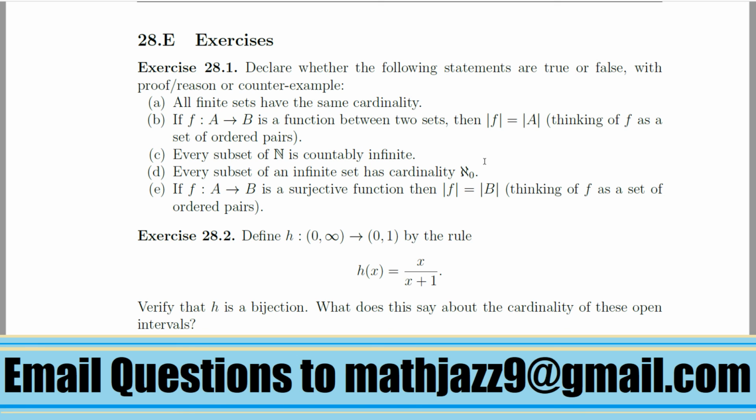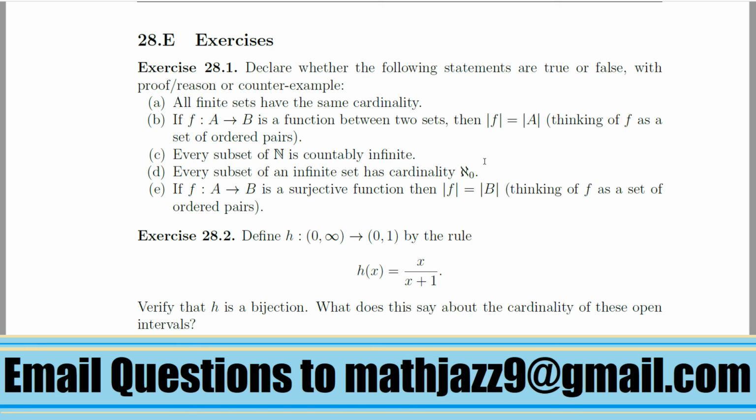You know that f has a value for every element of A, and you know that f does not have two values for any element of A. So the cardinality is at least that of A, because f has a value for every a, and it's at most the cardinality of A because f has at most one value.